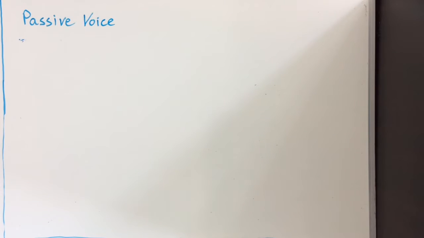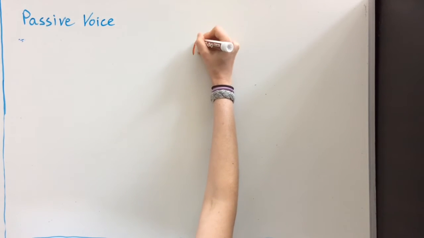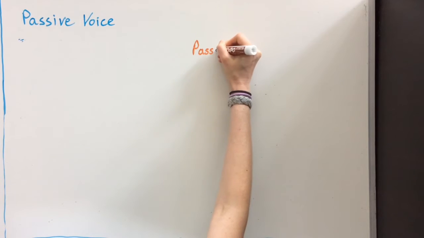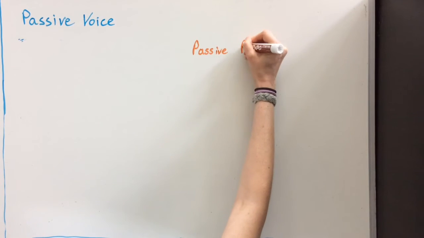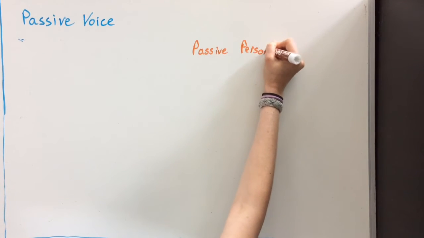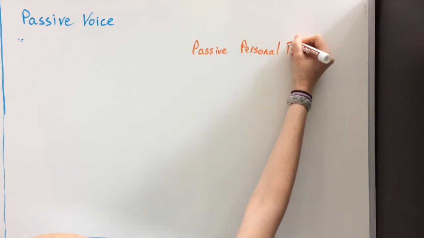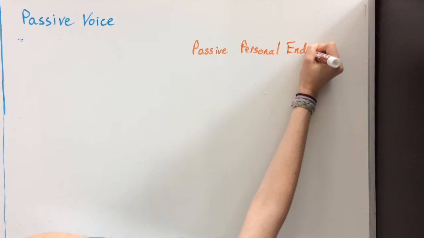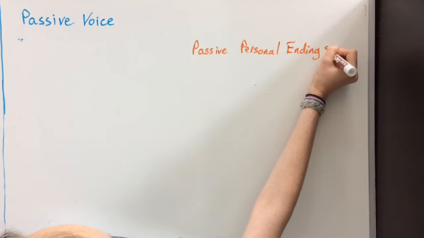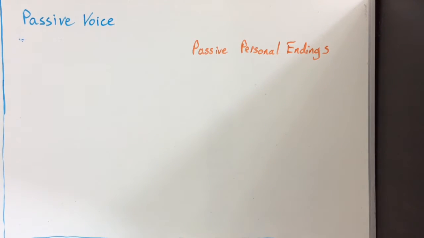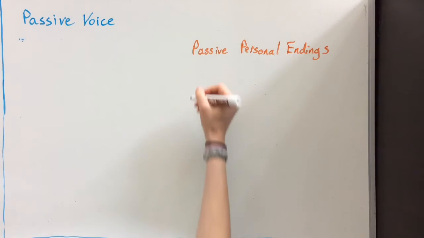Now, to make a verb passive, we're going to use what are known as the passive personal endings. And I'm going to put them over here so that I don't have to erase them as I change tenses.